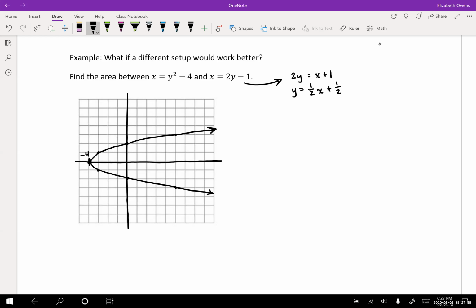Okay, still maybe not the easiest thing in the world to graph, but it makes it a little bit nicer. There's our intercept there, and then we've got a slope of 1/2. So I'm just putting in some points now. And here is our line.